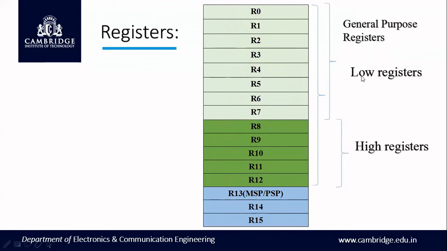So low registers are registers which can be accessed by all 16-bit and 32-bit instructions, but high registers are accessed by all 32-bit instructions, but very few 16-bit instructions.